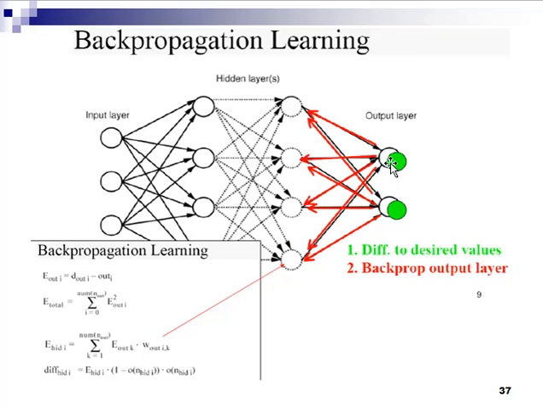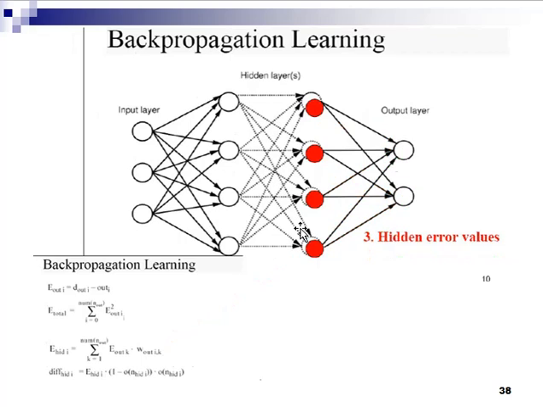So we have this difference which is the difference between the desired value and the actual value, and we are back propagating this difference from the output layer to the hidden layer. So initially this difference will be back propagated from the output layer to the hidden layer, which is at the back of the output layer.